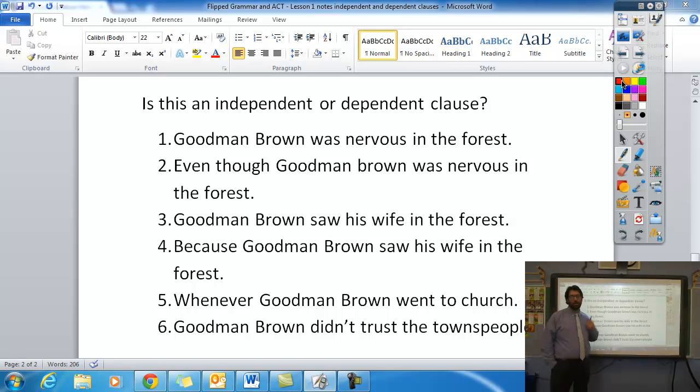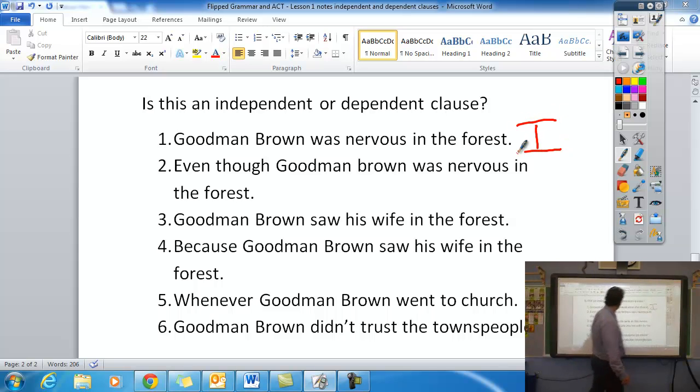What do you think? If you're still thinking about it, pause the video, give it a thought for a second. But this one, it's got a subject, it's got a verb, it expresses a complete thought, right? He was nervous in the forest. That's a complete thought. So what is it? This one's independent, right? All right, how about the next one?